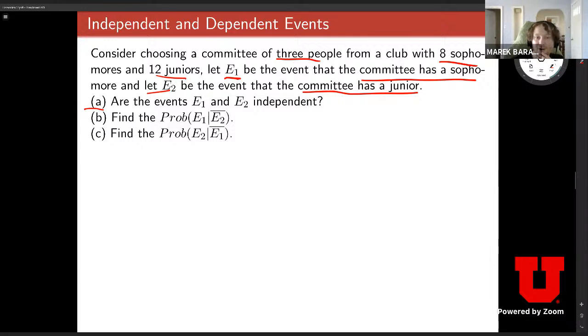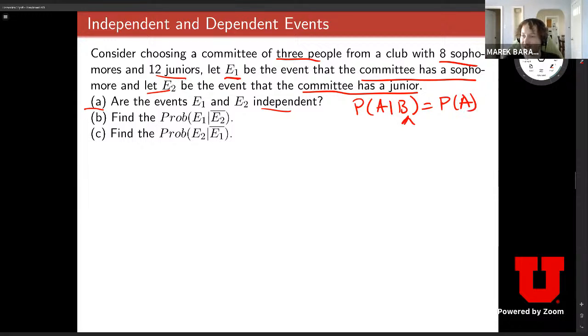Meaning that if I told you E1 happened, is E2 as likely to happen as had I not told you? When you're looking for independence, you're saying the probability of A given B is just equal to the probability of A, meaning you learn no information from knowing B.